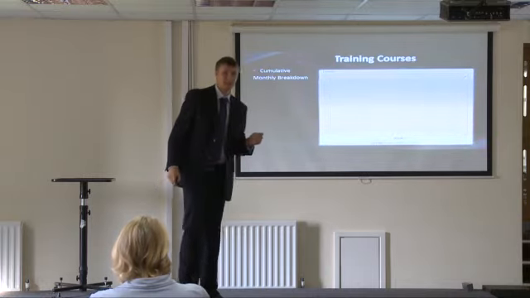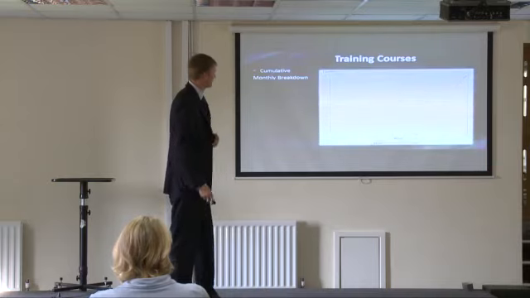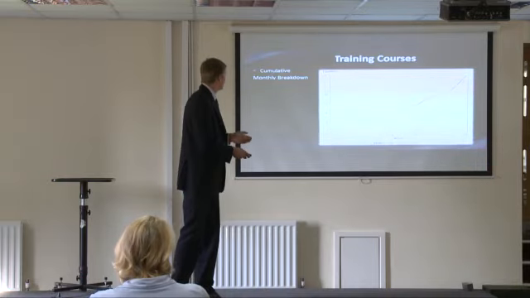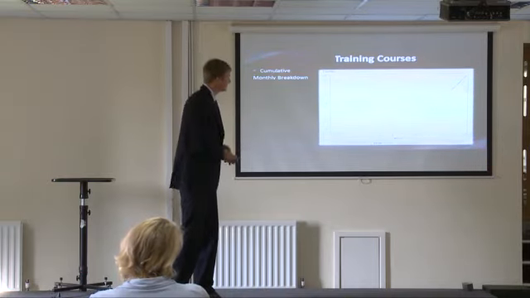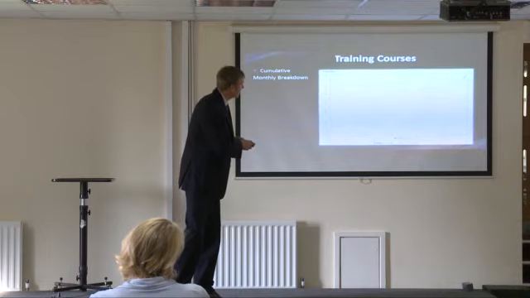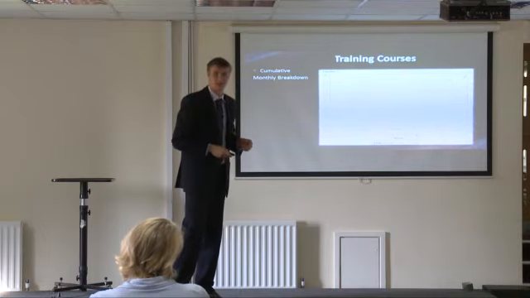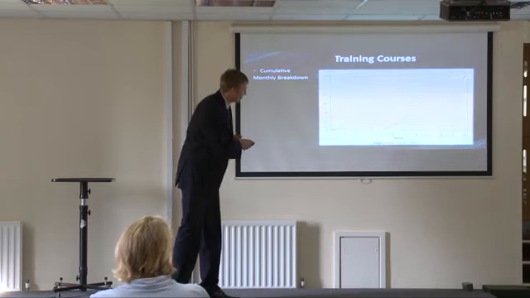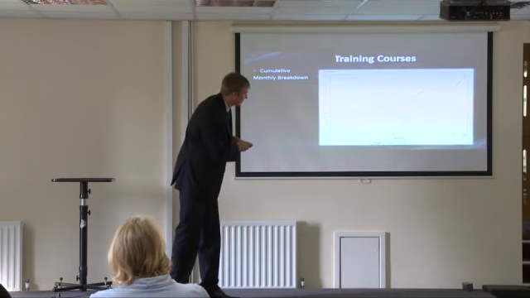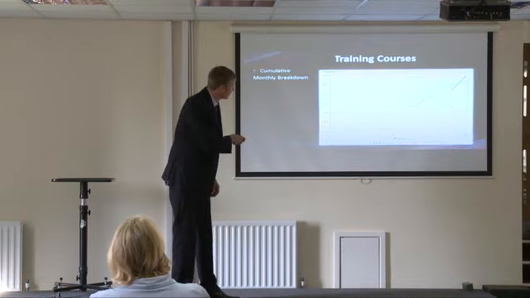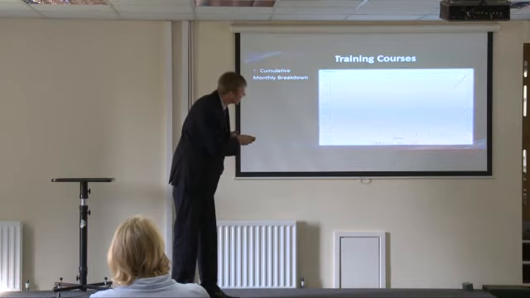If we drill down into the data for training courses, I made a line graph here with a cumulative monthly breakdown, so we can see exactly when they have been taking their training courses. The red line is 2010, the green line 2011, and the dotted line is 2012. If we look along here, we can see these little spikes of where they actually took their courses.